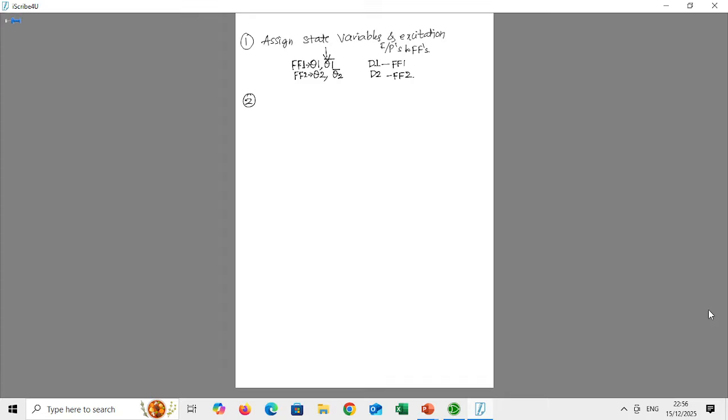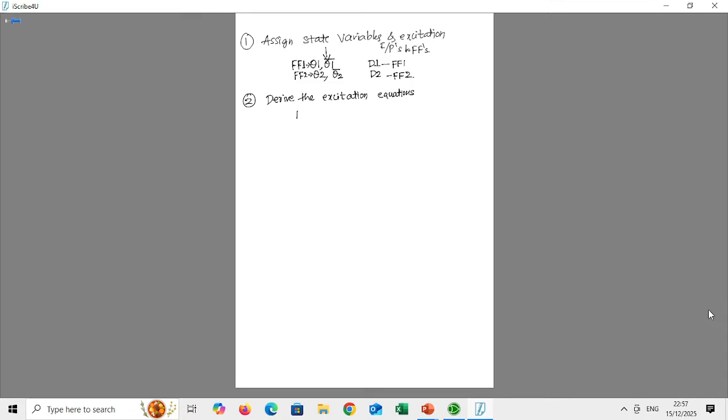Now let's go to the second step: derive the excitation equations. We know that the excitation variables are D1 and D2, which depend upon the present state outputs and also the inputs.